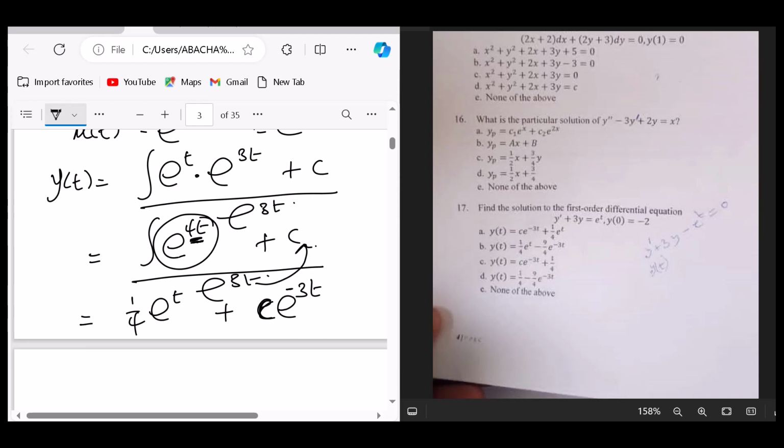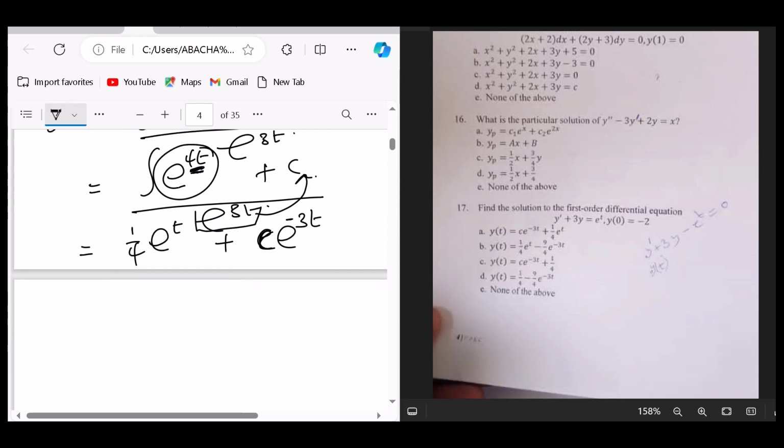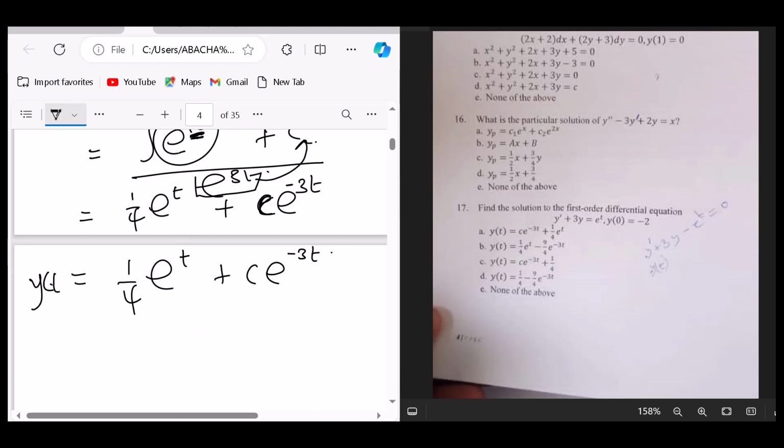So if we differentiate this, we get 4 and e power 4t all over 4. That's just 1/4 e power t. And when we divide by the integrating factor here, we will now have this. And so that's just the final answer. This one, you should be able to integrate. So e power t plus c e power -3t, like this. That is our y of t.